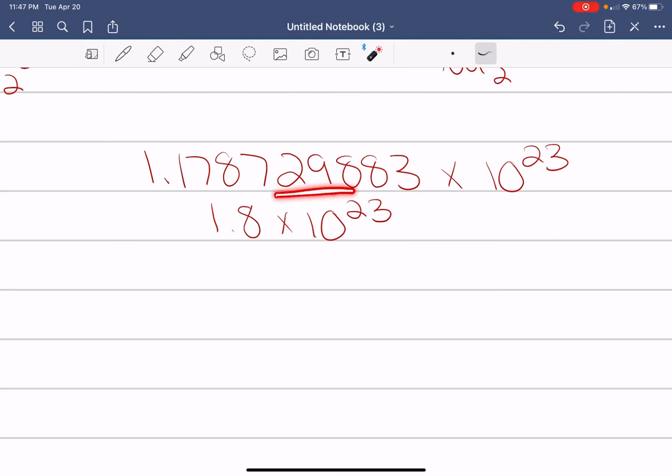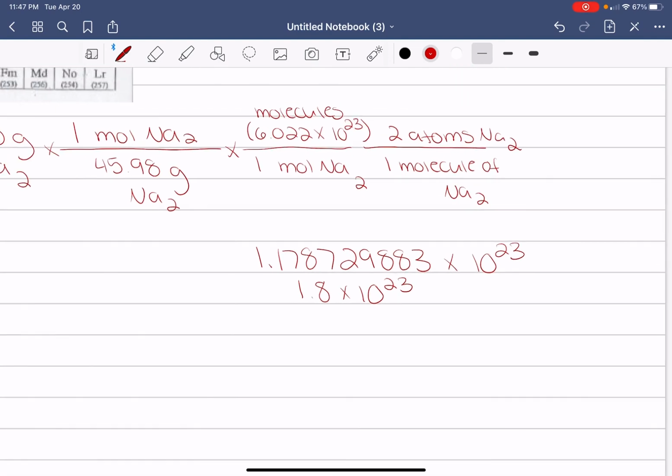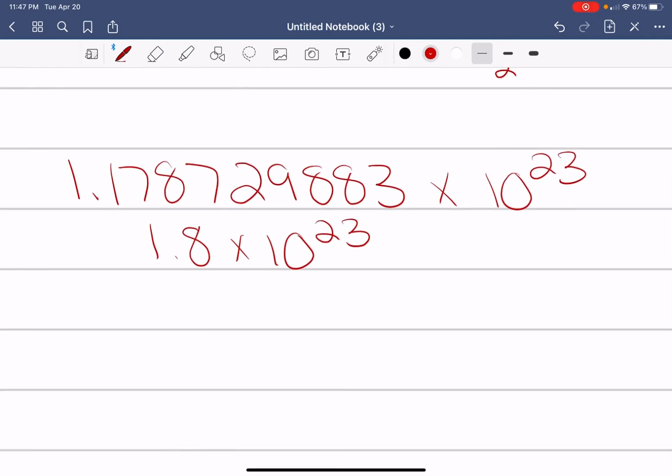For example, for this one, the 7 rounds up the 1 to a 2. So we have 1.8 times 10 to the 23rd atoms of Na2.